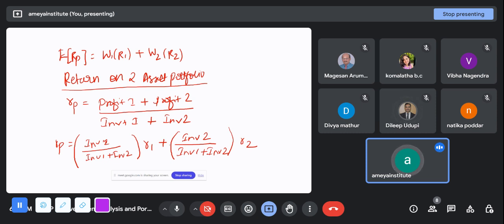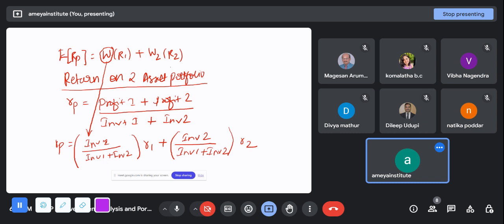So this is your portfolio return. Now, when we divide the investment of the first asset by the total investment, that is the investment of 1 plus the investment of 2, you get the weight. This is the way of getting the weight.